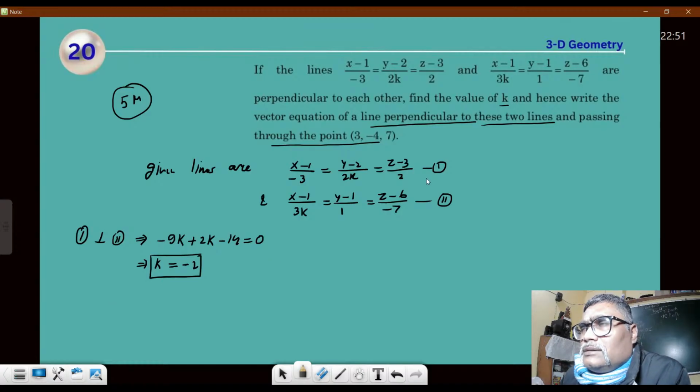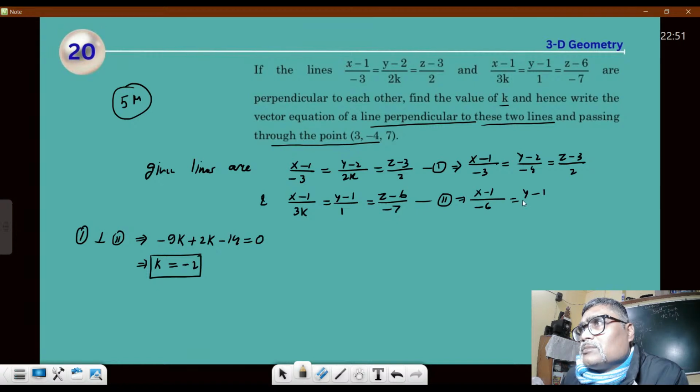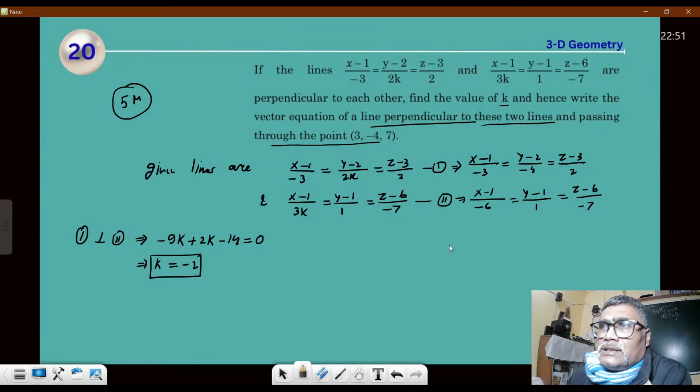First of all, because I have to find the product with these lines, I would like to rewrite them by putting the value I got for k. For k I got -2, so this will be -4. This is 1, and here also I would like to write x minus 1, then (y minus 1) by 1, (z minus 6) by -7, right?